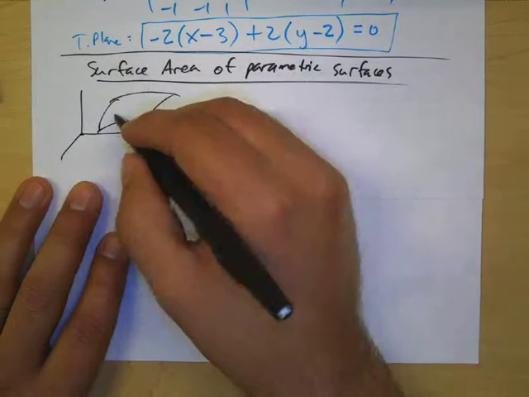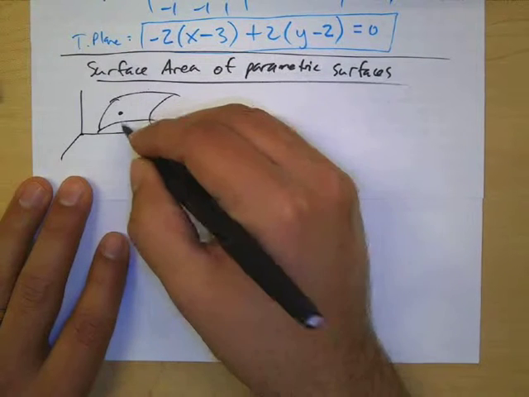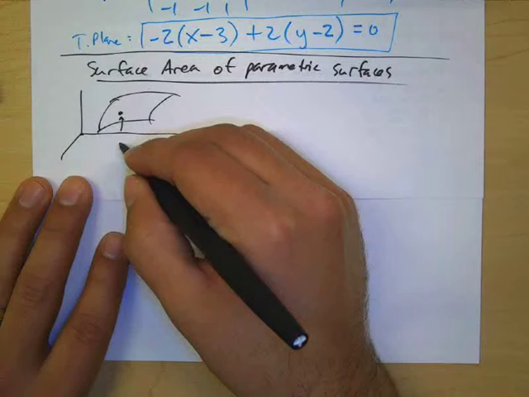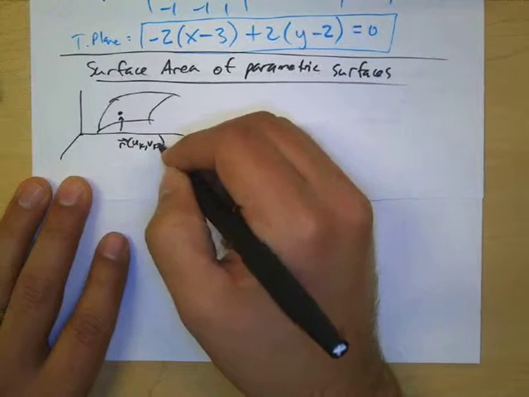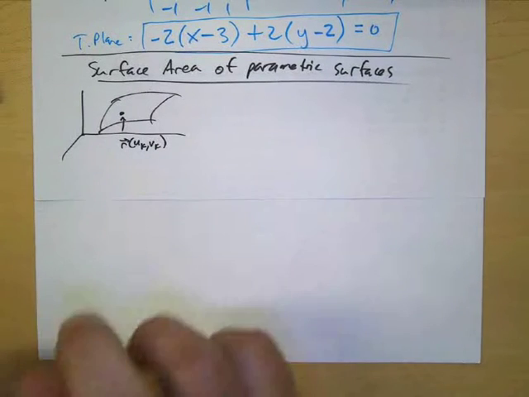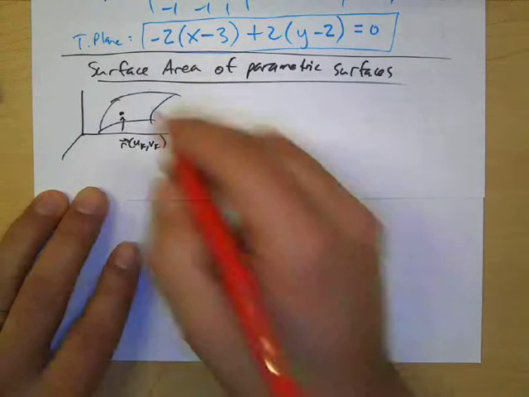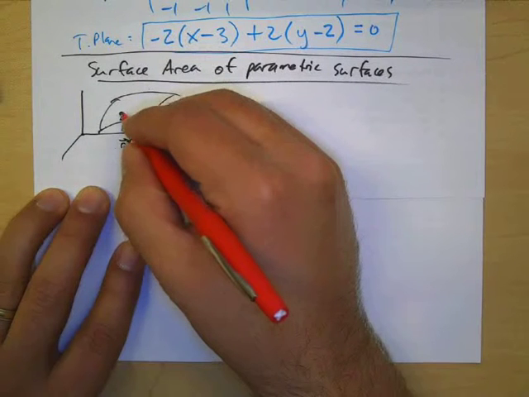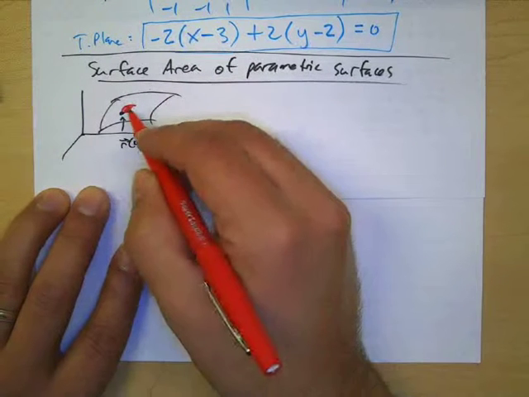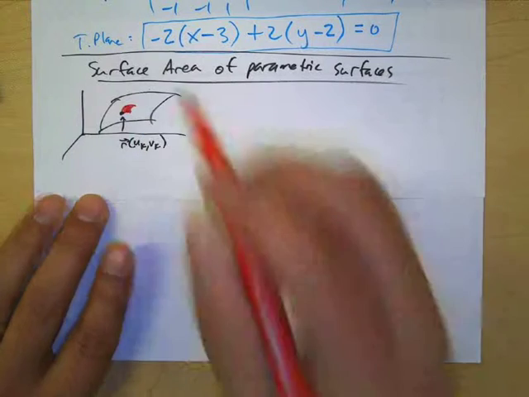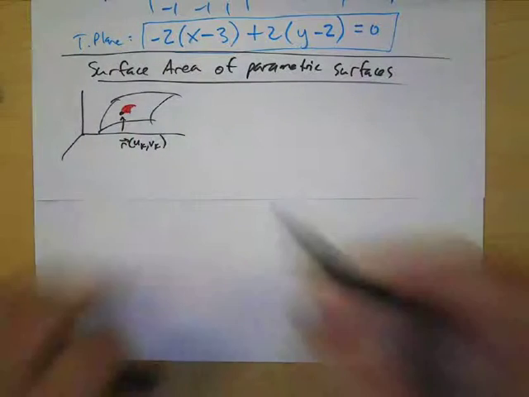And on the surface, we have a point. Let's say those coordinates are r of u sub k, v sub k. And we're going to approximate, just like we did earlier, the surface by inspecting one of these little patches. Okay? And if I magnify that patch, so let's make this a little larger.